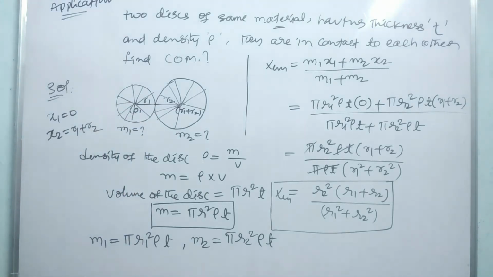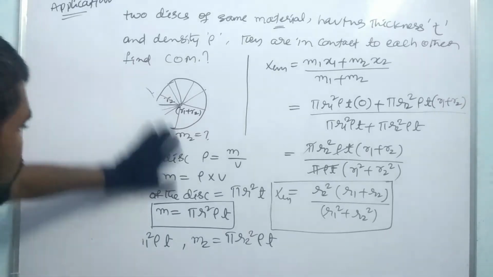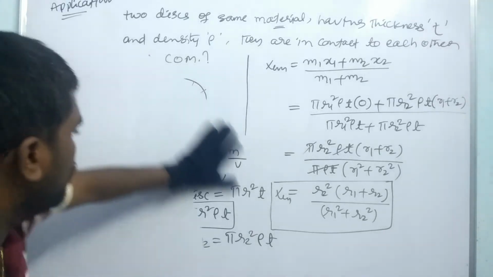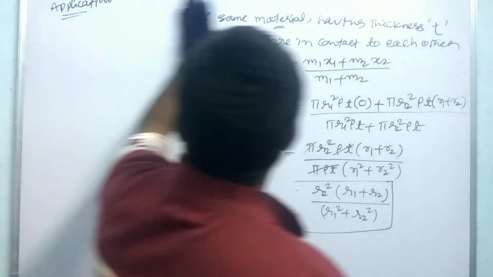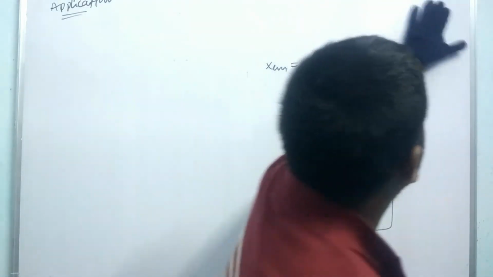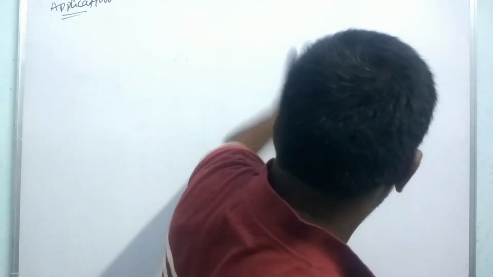Now let us see application 2. In case two spheres are in contact with each other and made up of the same material, how can we find the center of mass? Let us see.